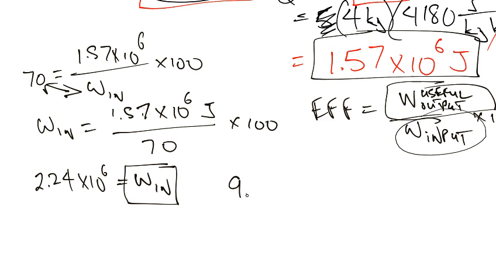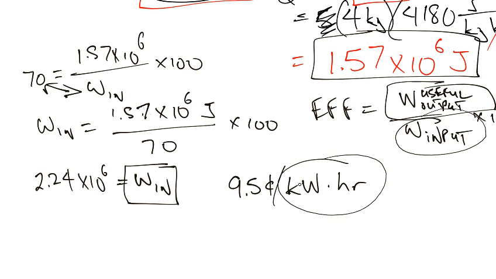Think of it this way. 9.5 cents per kilowatt hour. First of all, what the heck is a kilowatt hour? Well, let's rewrite that. 1,000 watts is a kilowatt. And what's a watt? That's 1,000 joules per second. Now we've got a unit of time in there. What's an hour?